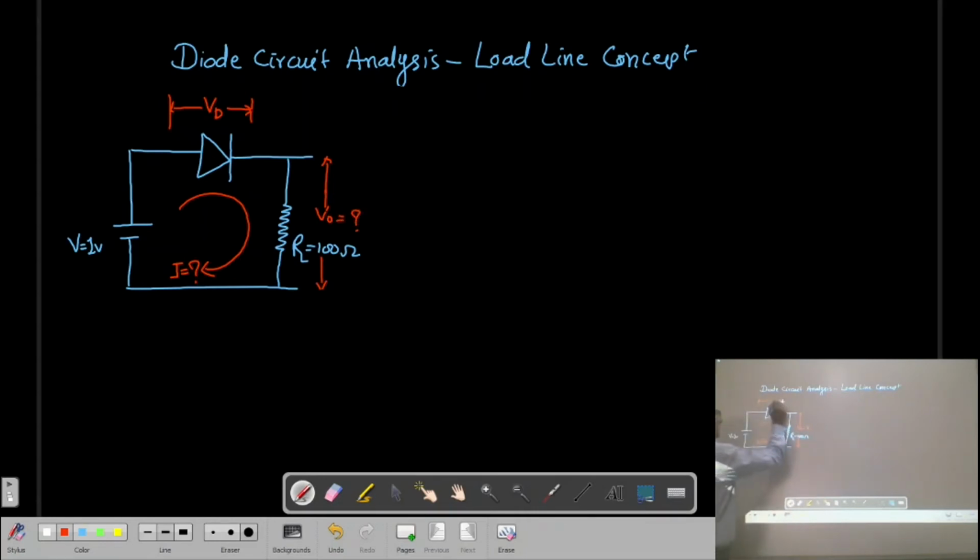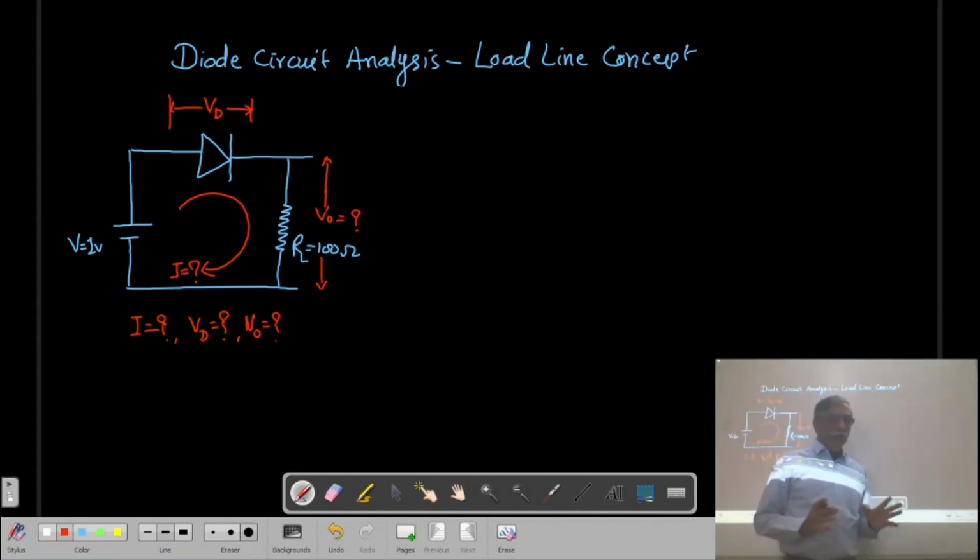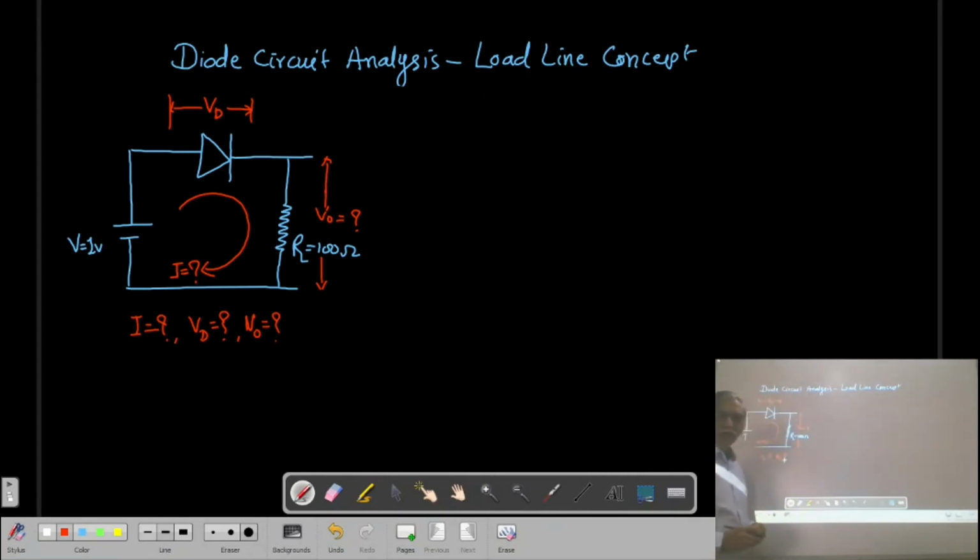So we have different parameters. We want to find the current I, the voltage across the diode, and the output voltage of the circuit. How will you start? How will you analyze the circuit? We do not have any information about the diode voltage, VD. Correct?